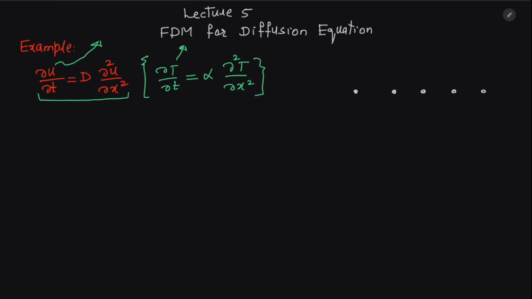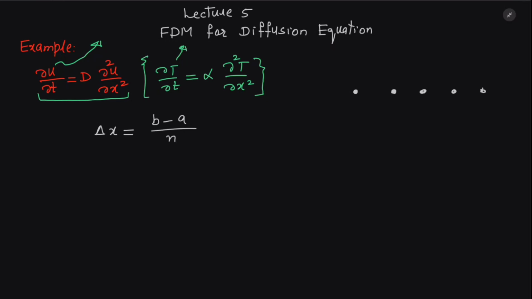The first process of applying the finite difference method is to generate a grid, for which I already have drawn the nodes. These are the nodes. These nodes can be constructed from the formula which is written over here, delta x equals (b minus a) over n.